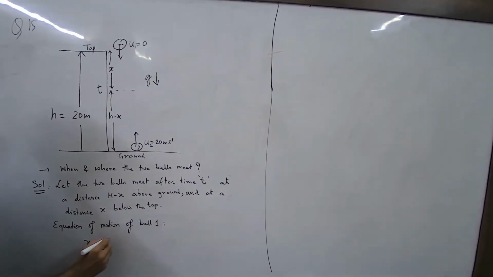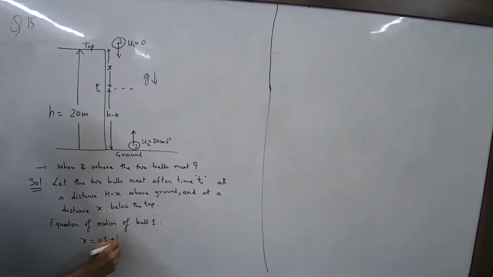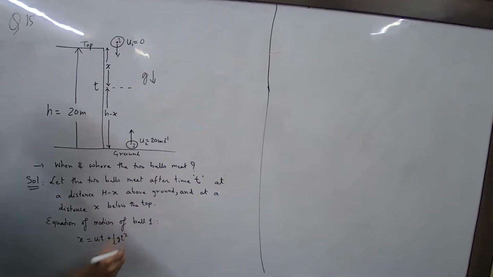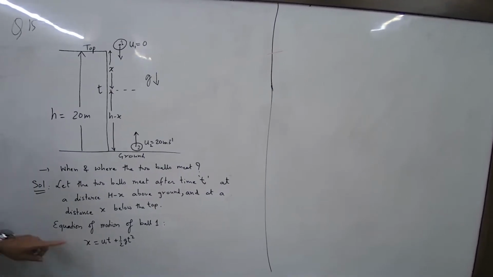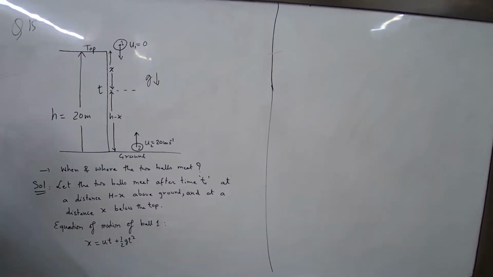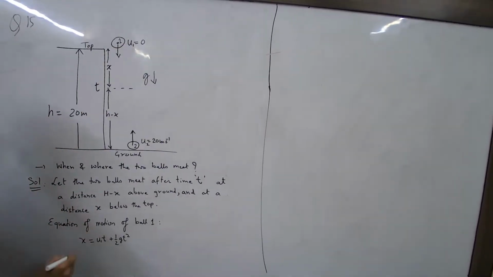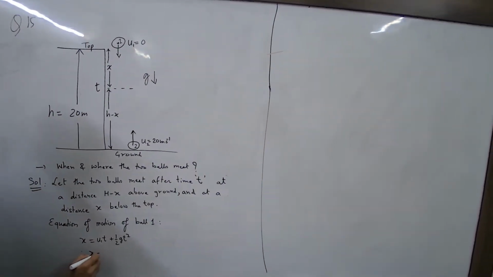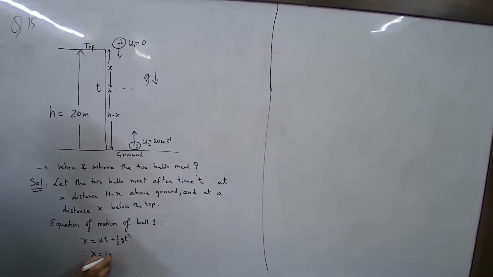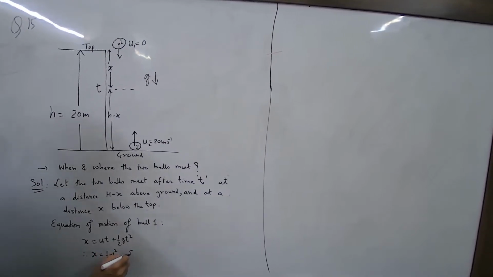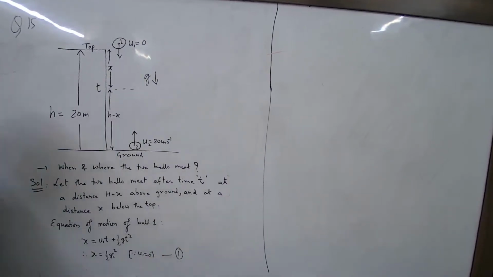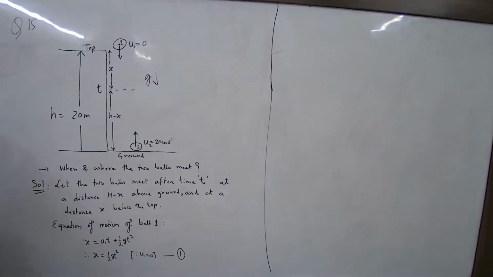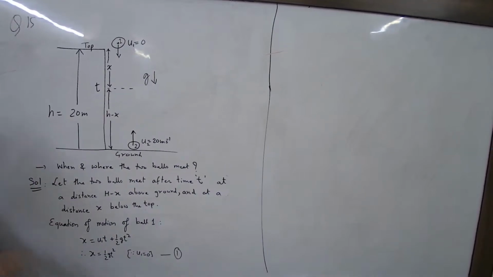So x is equal to U1 t plus half g t square for the ball which is dropped. But U1 is 0, therefore x is equal to half g t square, since U1 is equal to 0. This is our equation 1. Got it? For the first ball, we get this.